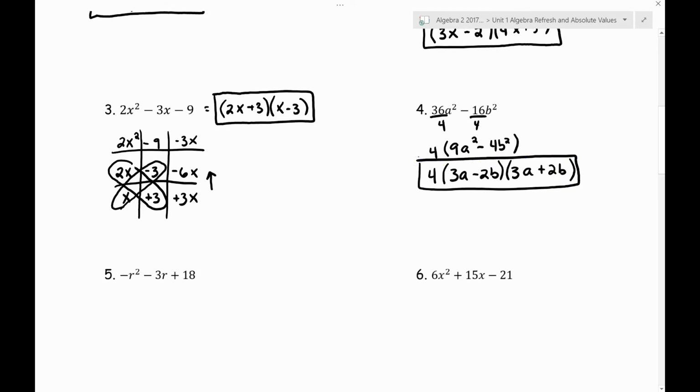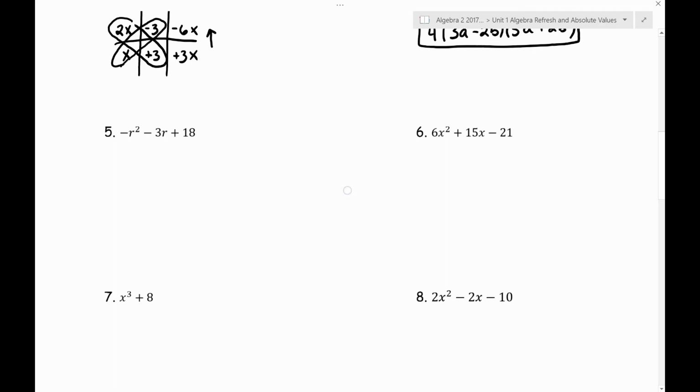Okay. Number 5. Again, we can do it by tic-tac-toe. Okay, I have a negative here, so I have to have one of these r's negative, the other one's positive. 18, there's lots of things that multiply to 18. 6 and 3, 9 and 2, 18 and 1. Okay, so what's going to add up to a negative 3r?